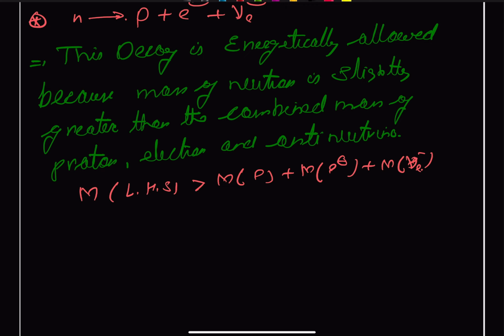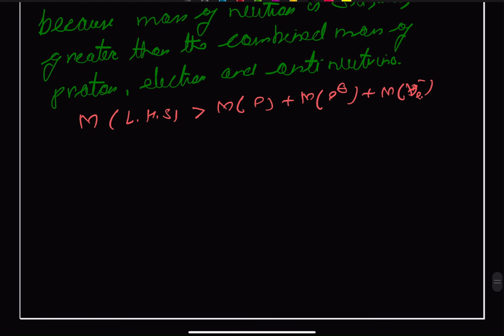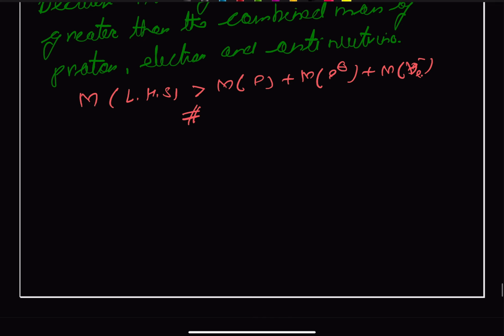Whereas the free proton cannot decay, because this condition will not hold true. So we can say the mass of proton is less than the mass of our neutron.